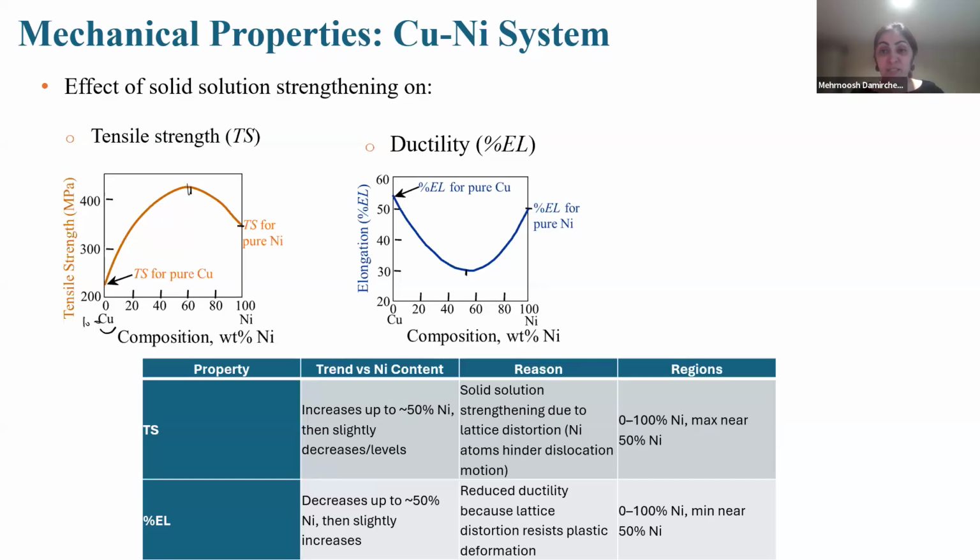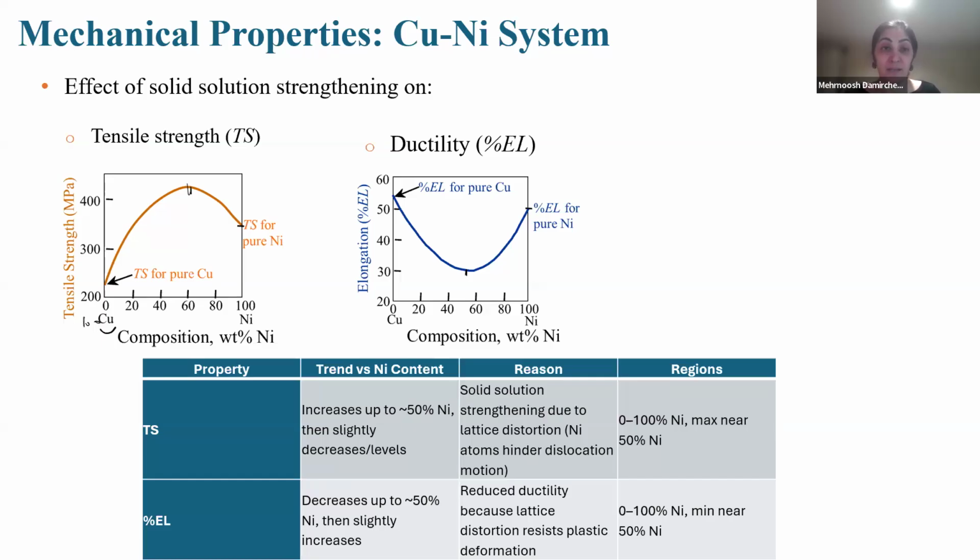So tensile strength is increased, but elongation percent is reduced. TS reaches a maximum near 50% nickel, where the lattice distortion is strongest, while elongation percent reaches a minimum at the same composition, 50%.